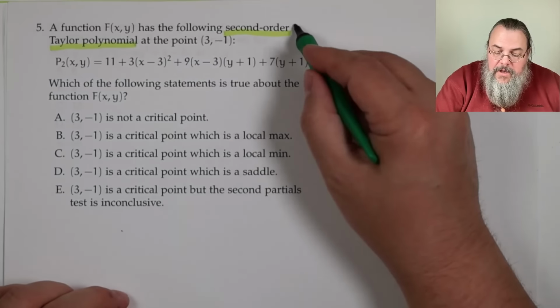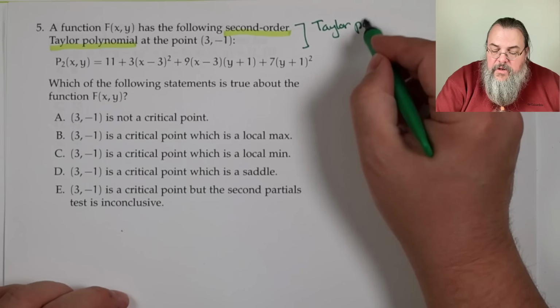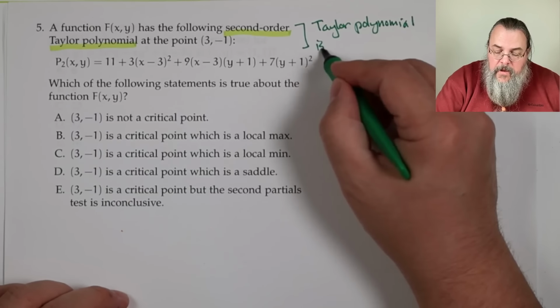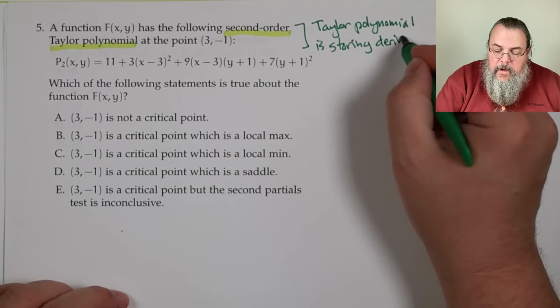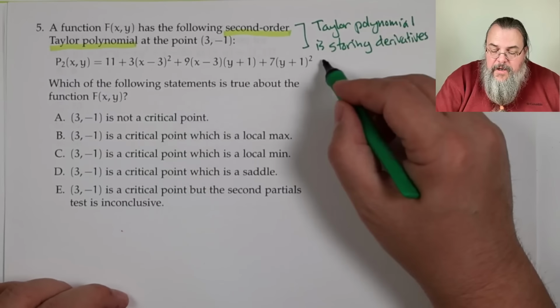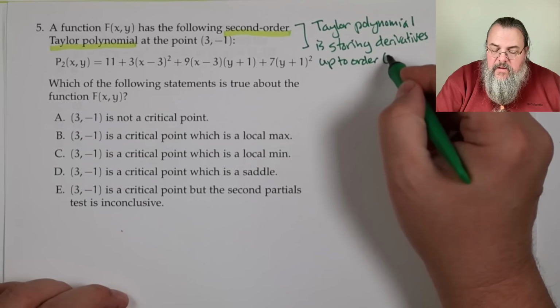Okay, so we can make a little note here. Taylor polynomial is storing derivatives. And you have to be careful, only up to the order. In this case, we're second.